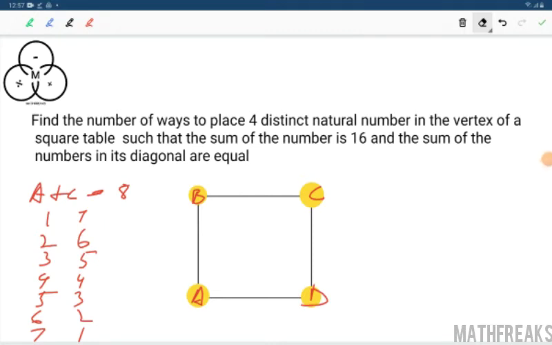The numbers need to be distinct and the arrangement will also matter. So if we choose 1 and 7 as the first pair, then 7 and 1 cannot be chosen again, as it has already been chosen. So we are left with 5 pairs.